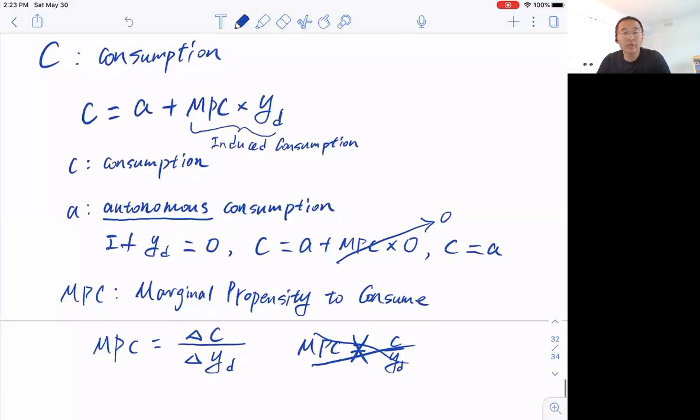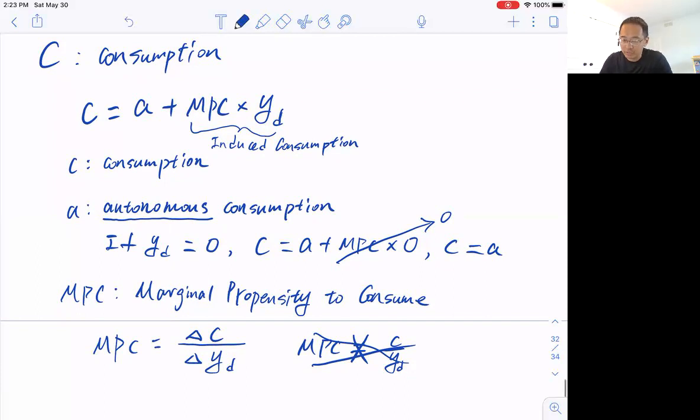So that's saying whenever you have additional income, how much of it are you going to spend on consumption? And that number you get here is what we call the marginal propensity to consume.